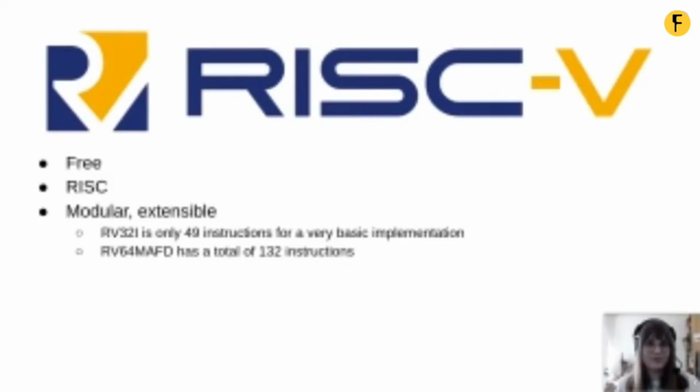If you need more features in your target hardware platform, you'll add a couple of extensions to it. So say if you need floating point operations, you would add instructions for that to your hardware as an extension. Whereas if you don't need that, you can target a hardware platform that only has integer instructions and doesn't even have anything like floating point. So that's RISC-V in a nutshell.